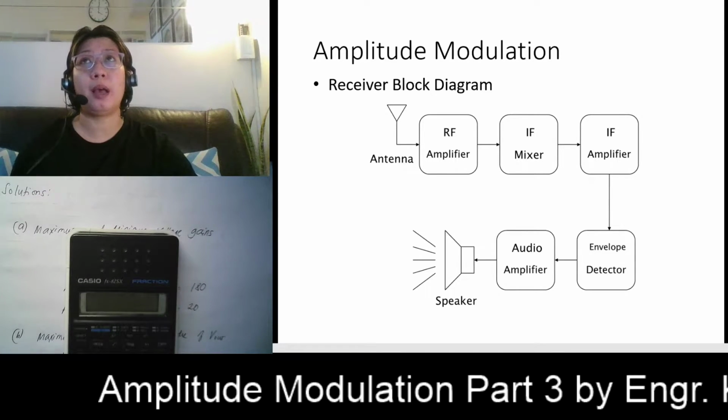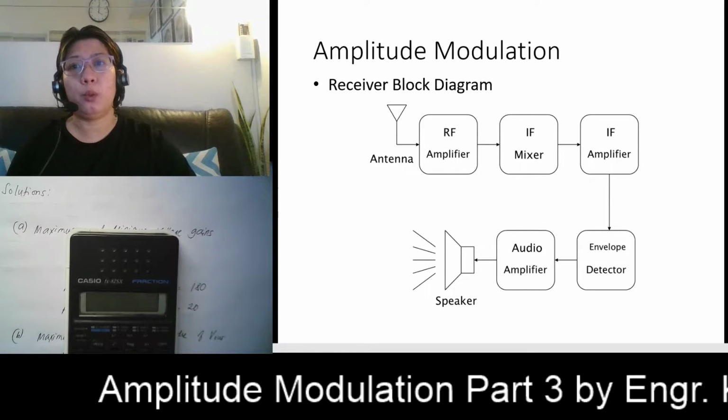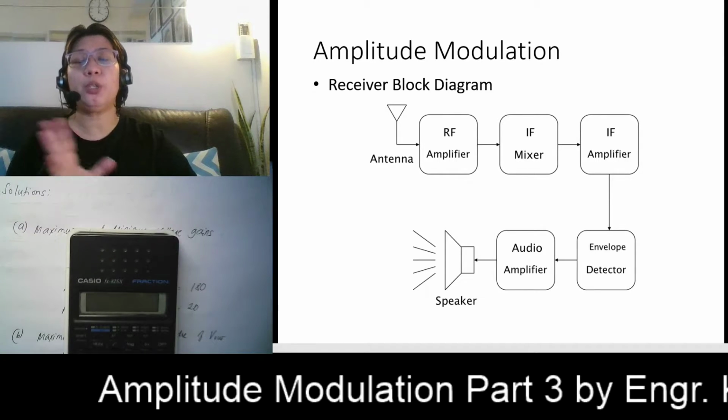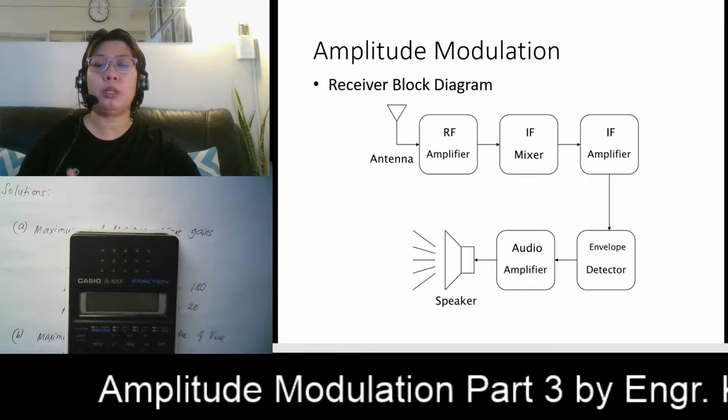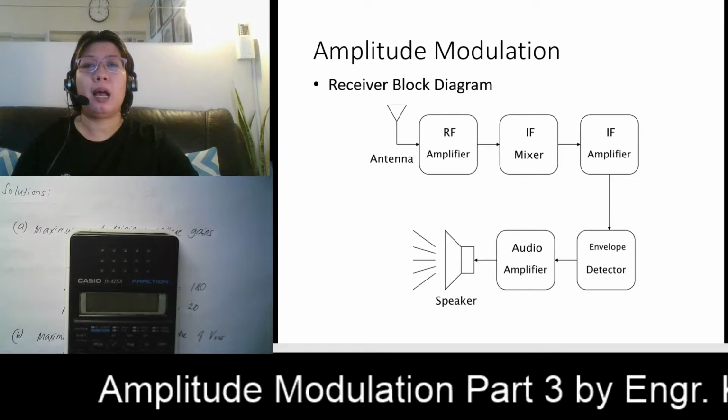At the transmitter side, we increase your frequency, while this time we're going to decrease it. We make it lower, and then we amplify that specific intermediate frequency. And then we have here your envelope detector.